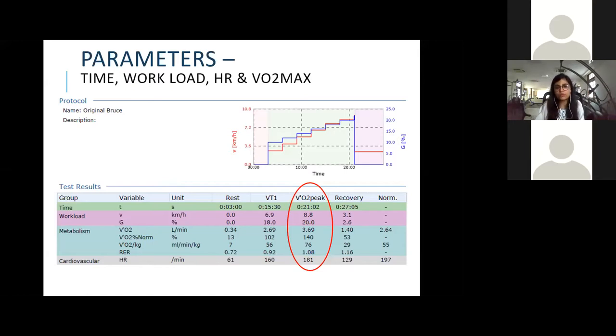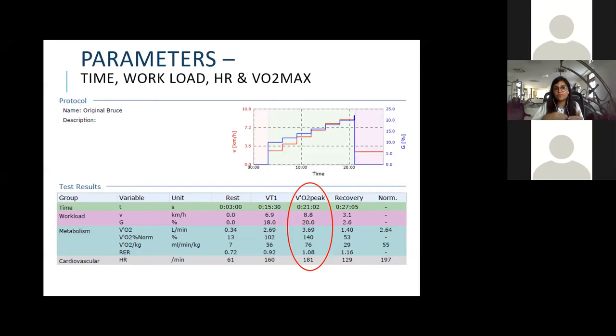So this is all we look at. In the last row, if you could see, heart rate is mentioned as 181. For this person, though they gave the maximum effort and reached VO2 max, we may have got the graph of plateau. Their predicted heart rate was 197, if you could see in the right bottom, but they could achieve only 181 as the maximum heart rate.